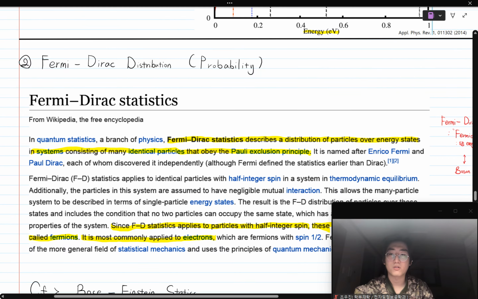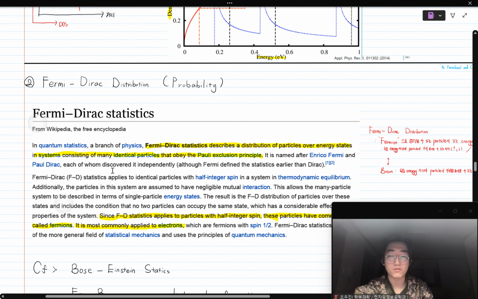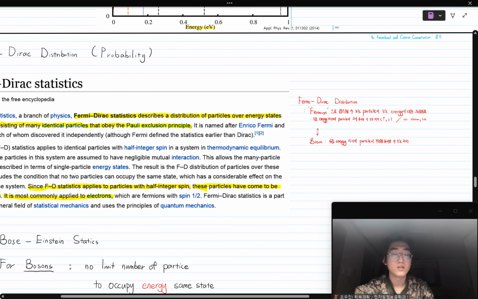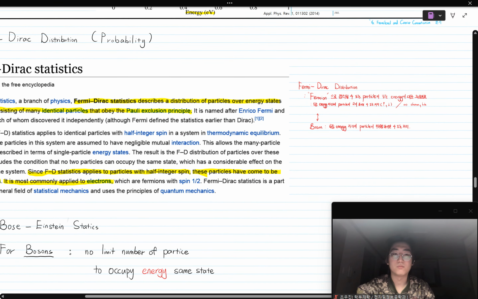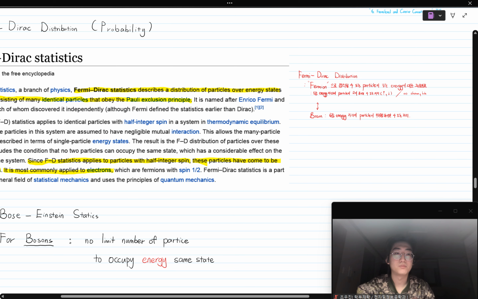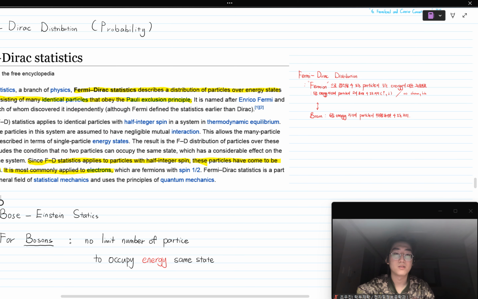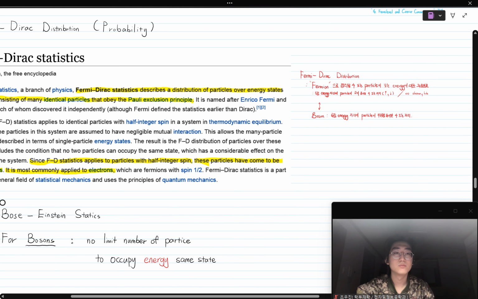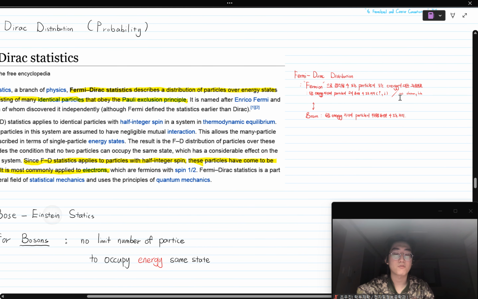Next thing I'm gonna talk about is the Fermi-Dirac distribution. The Fermi-Dirac distribution is a graph of energy showing the probability of fermion particles, like electron or hole.